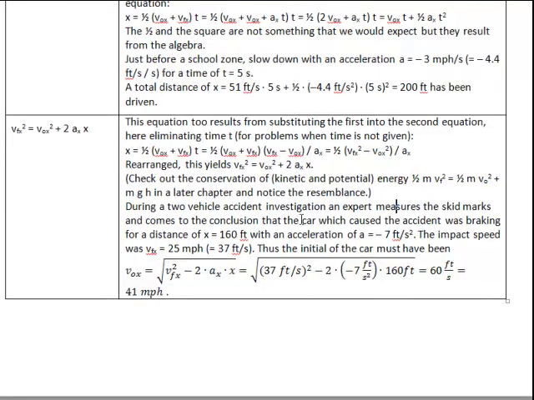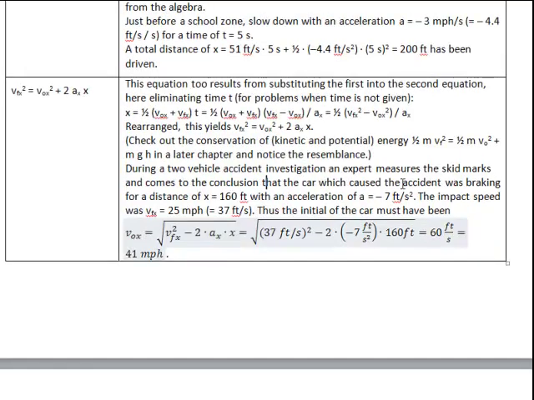Okay, this one here, you can read through my example yourself, that an expert in an accident investigation is measuring the skid marks and comes up with a certain initial speed of the vehicle according to those skid marks.